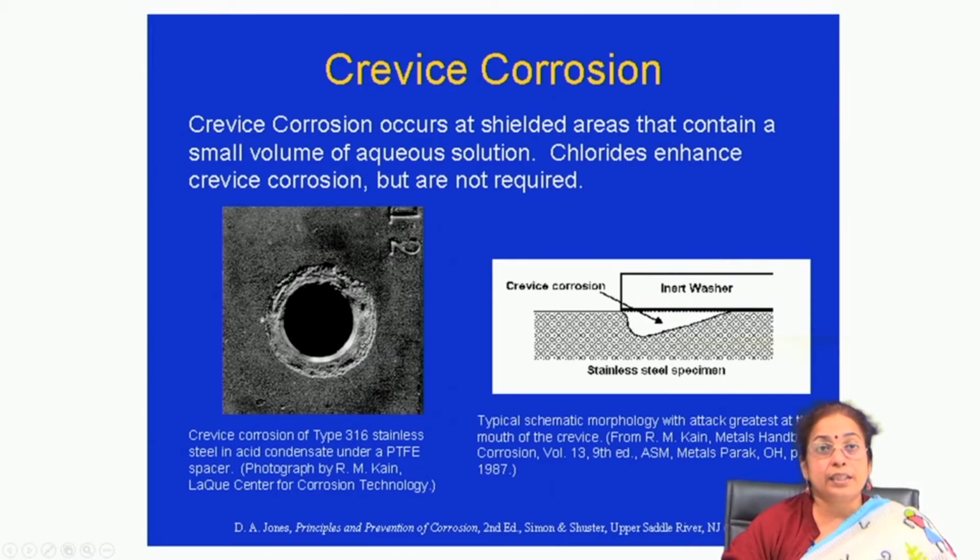In the crevice region, where there is electrolyte solution but the air concentration is not enough, the available air is not adequate for passive layer formation.